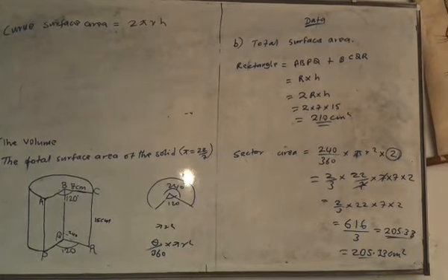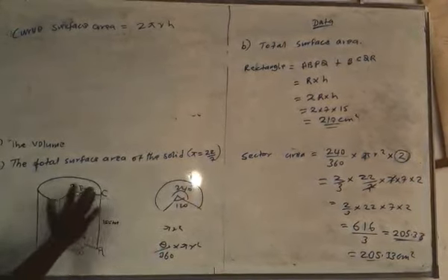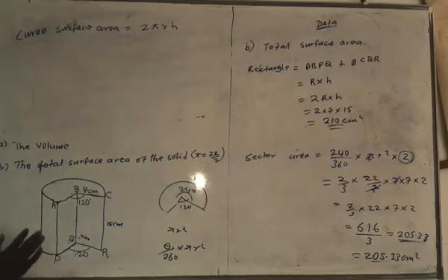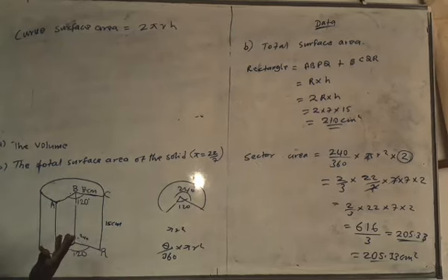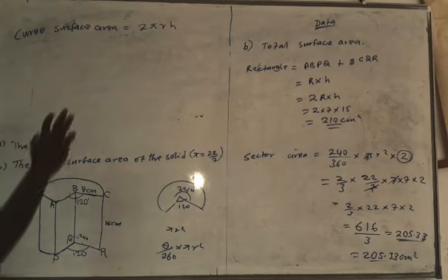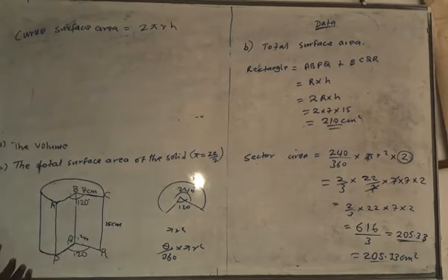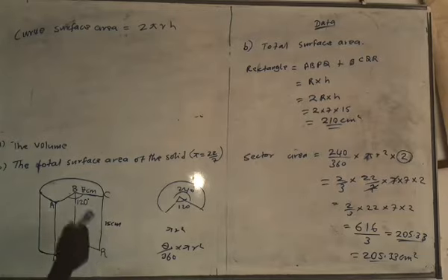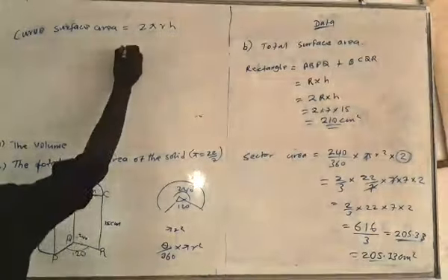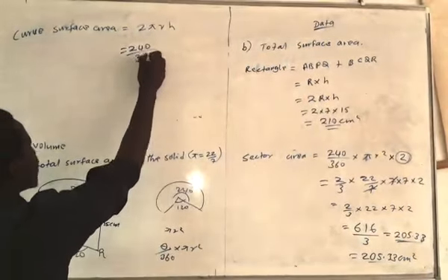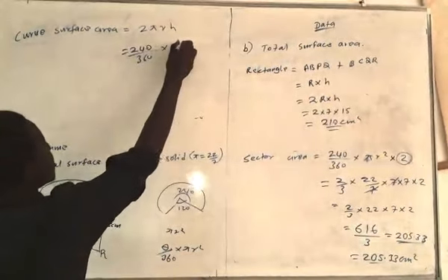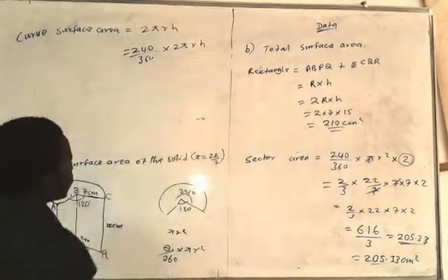But if you remember again, some parts of this cylinder have been removed, so it's not going to be the total. This is not the one we are asked to find because 120 of it has been removed. So since we know the angle, we do the same thing, which is 240 divided by 360 times the formula 2πRH.